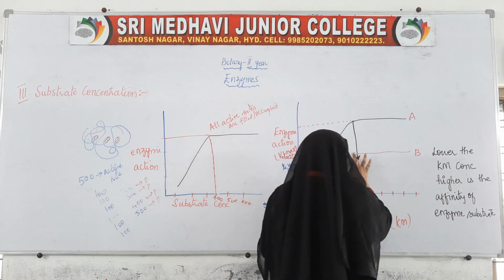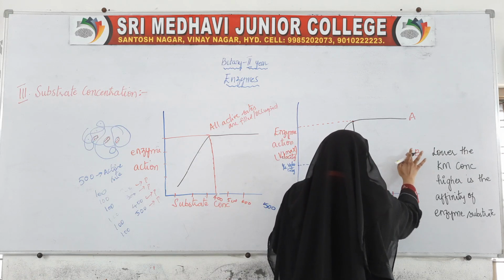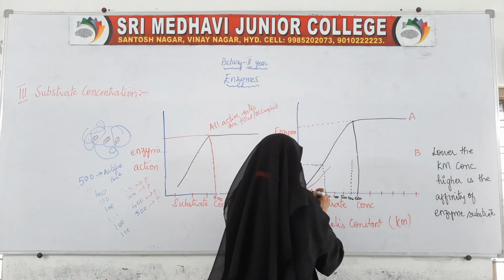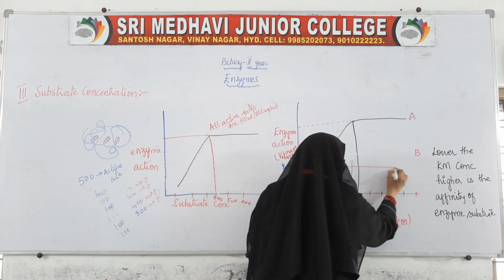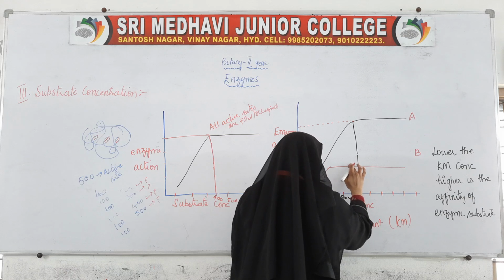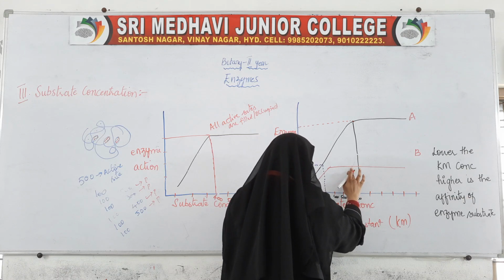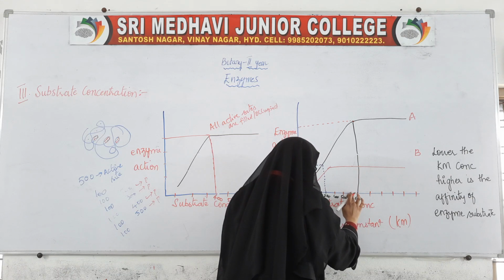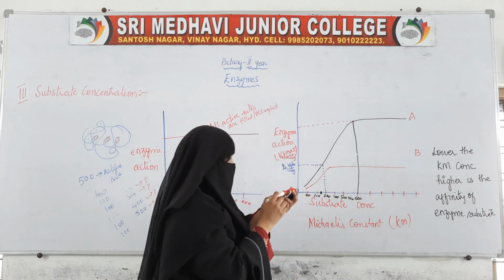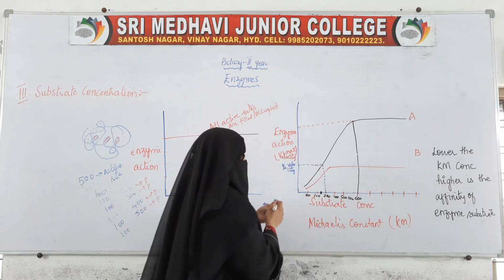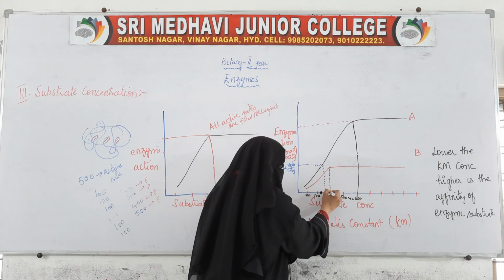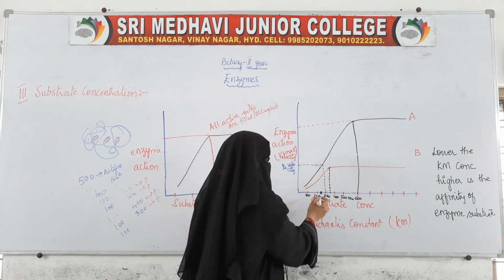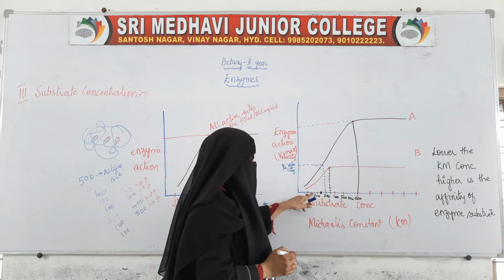Wait, let us make it easy here. If the enzyme action is maximum at 350, then here is 175.